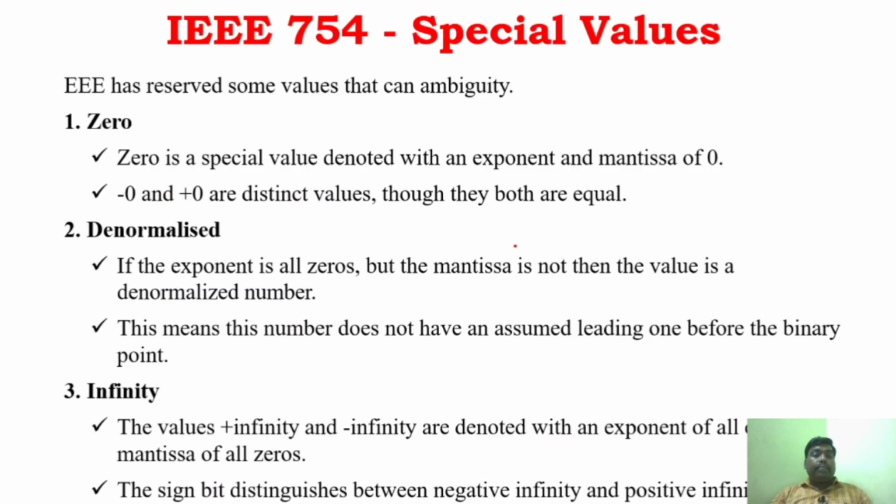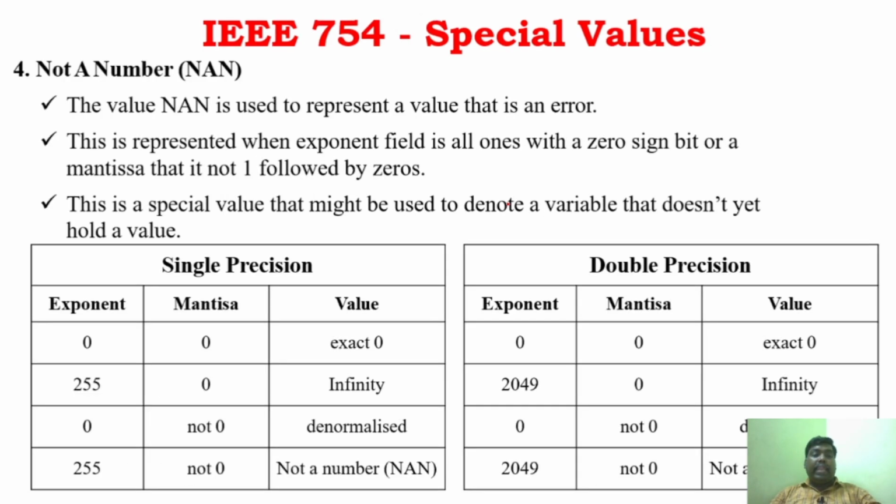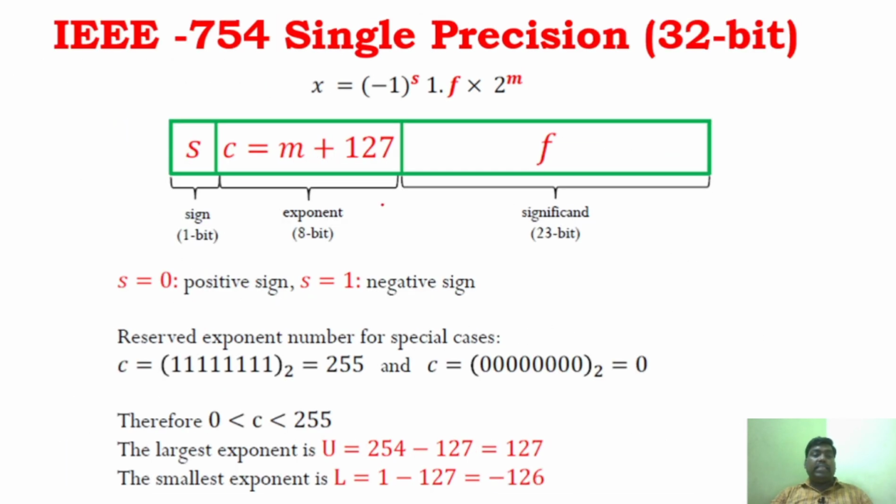Now you got to understand one particular thing. If you take the exponent value here, it is 8 bits, and the mantissa is 23 bits. I'll explain this a little later. This is the representation which we saw: 8 bits for the exponent, 23 bits for the mantissa, and 1 sign bit, which will be either 0 or 1.